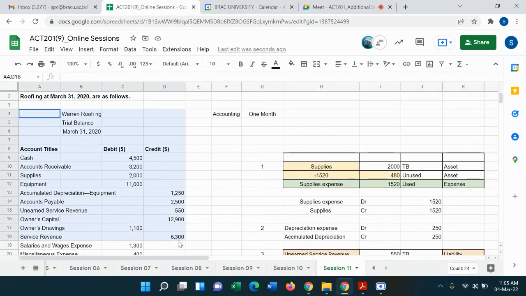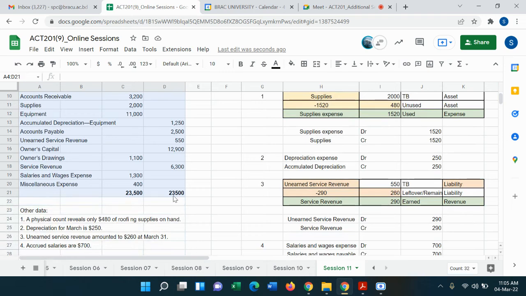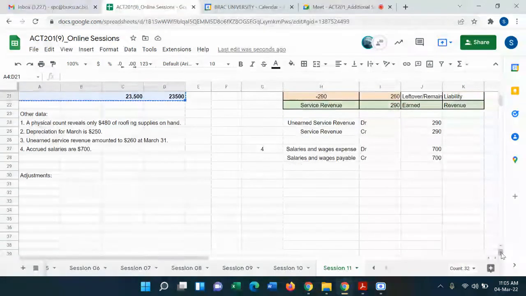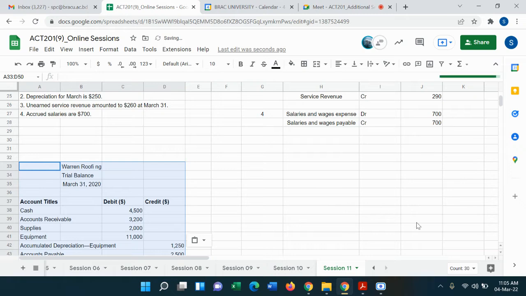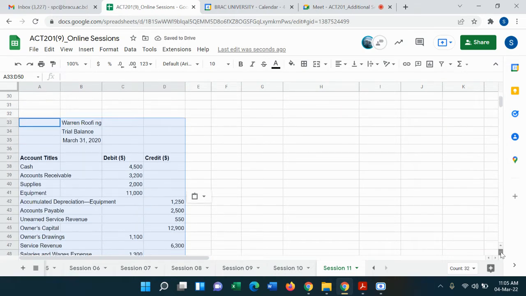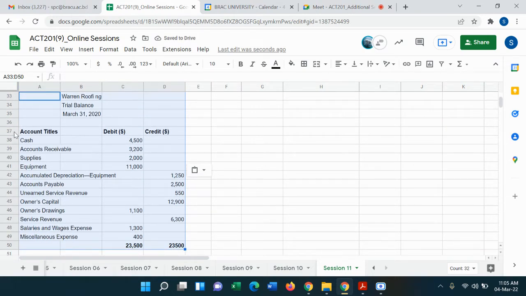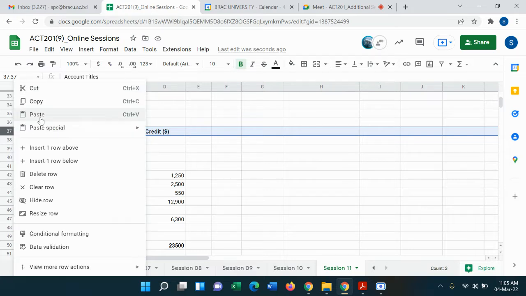Yes, sir. In our last sessions, after preparing the adjusting entries, what was the next step we did? Adjusted trial balance.